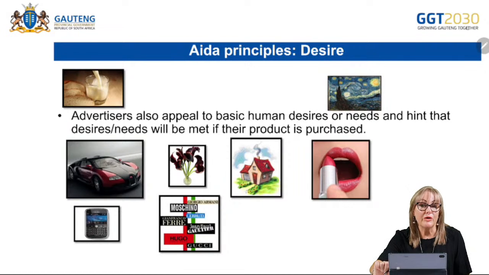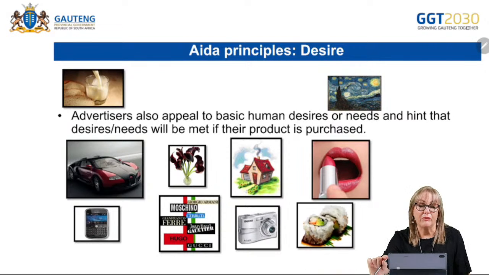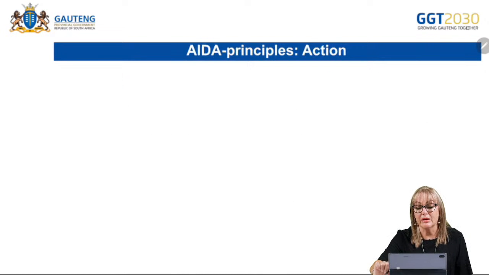Brand name clothing or handbags. And this is something where not only the girls are guilty, boys as well. I've seen your name brand shoes and pants that you wear. Camera, maybe, and food. So these are the basic desires, and they appeal to our basic desires.